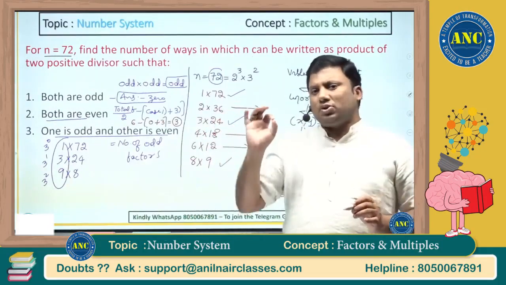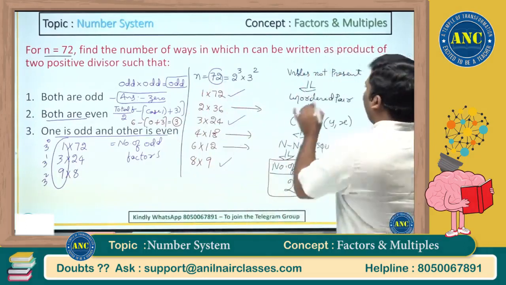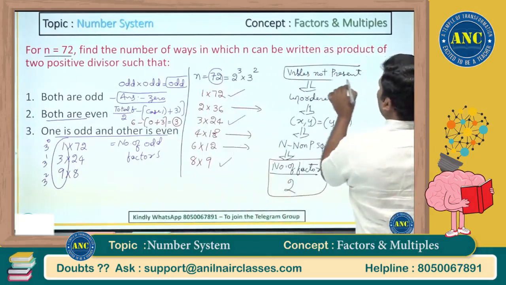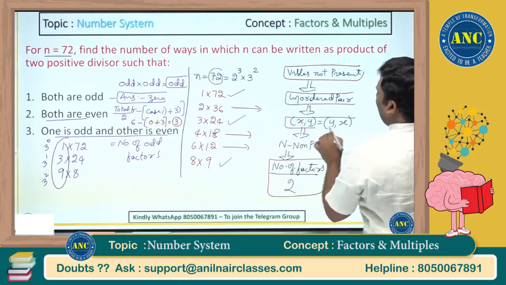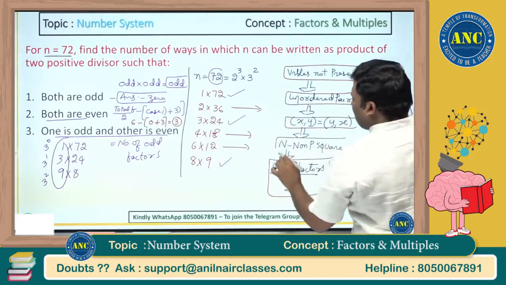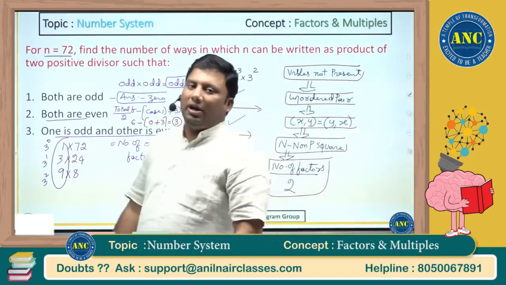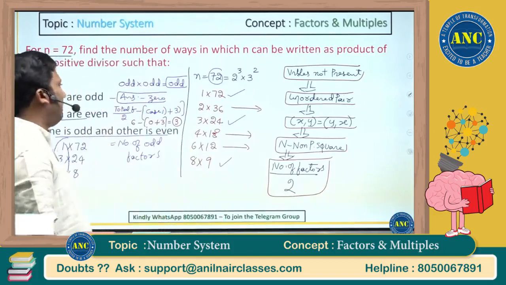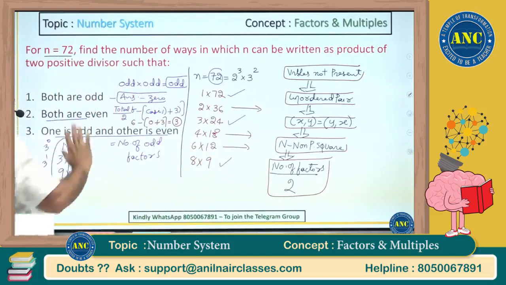Step by step, slowly, steadily, read the question and go step by step. Variables are not present in the question, so it is an unordered pair. Reverse cannot be taken. The number is a non-perfect square, so the total number of ways will be total number of factors by 2. Odd into odd is odd, but 72 is even, so the answer is 0.